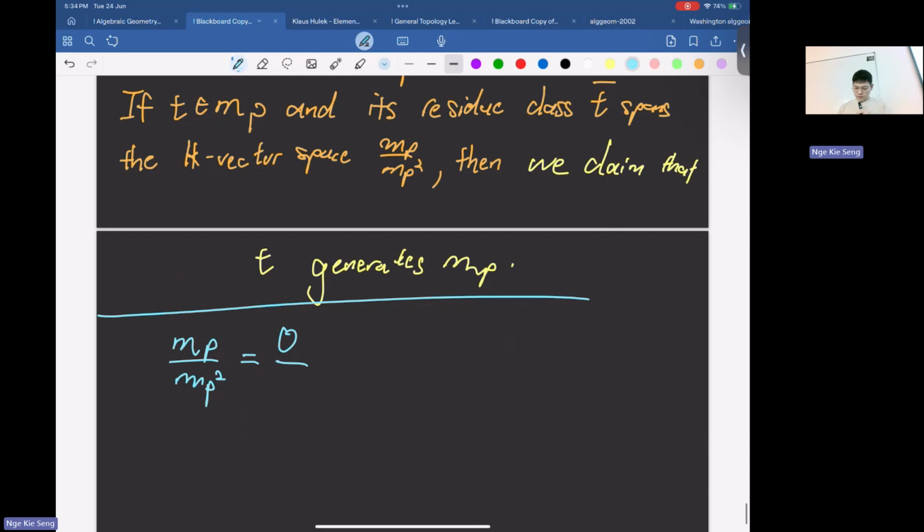So OCP, let's say over MP here, we can multiply with T. So can I generate this vector space? I want to imply that actually MP is equal to, let's say, OCP times T.